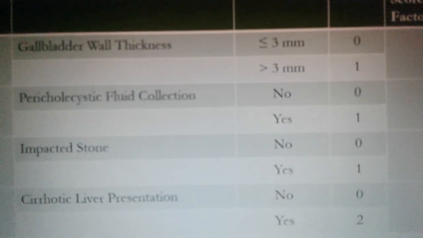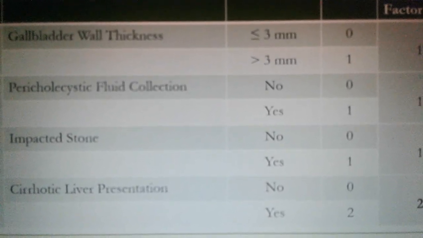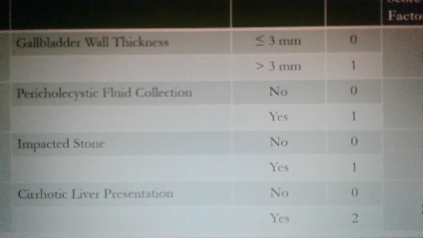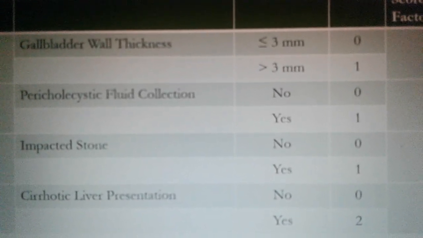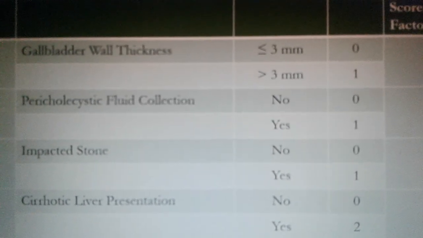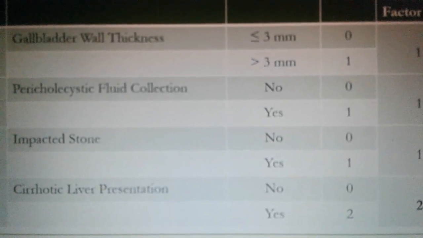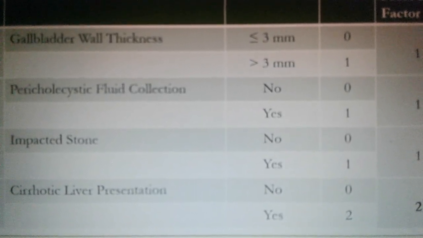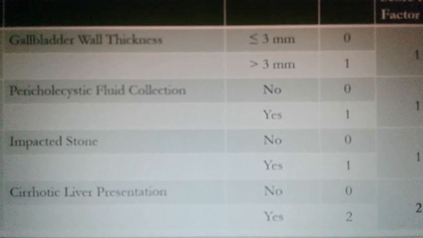Gallbladder wall thickness, if that is less than or equal to 3 mm, score 0. More than 3 mm, score 1. Pericholecystic fluid collection, no, 0. Yes, 1. Impacted stone, no, 0. If yes, 1.